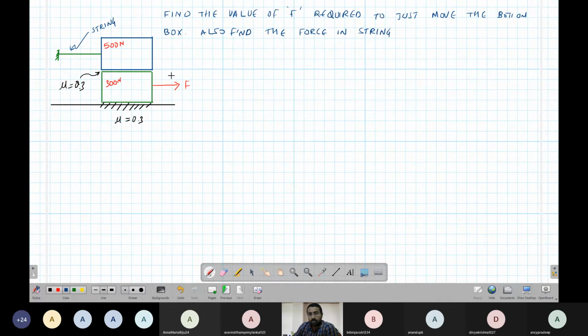500 Newton force under box. First step is always to draw the free body diagram. Okay. In the free body diagram we'll isolate the bodies. So let's say I have this body here. This body also.